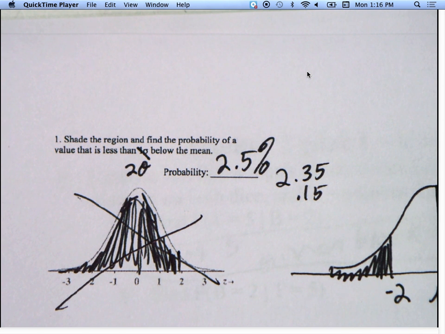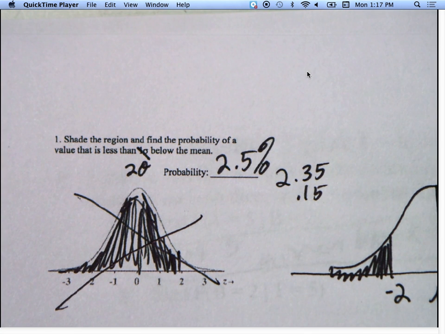So I added 2 things together, the 2 percentiles, and that's what I got. Okay, let's try another one. Because it says below. If it said above, it would be what I drew the first time.